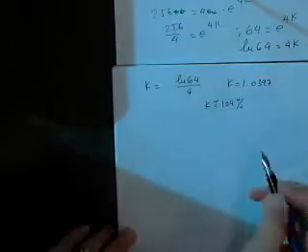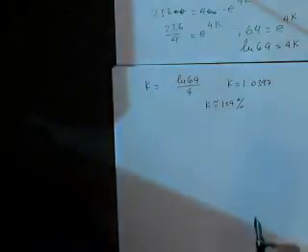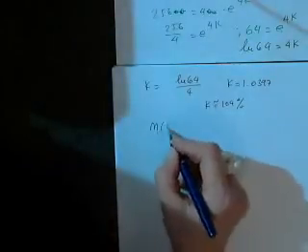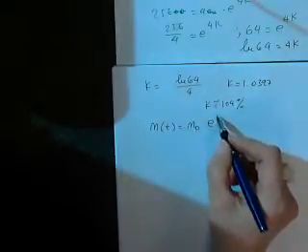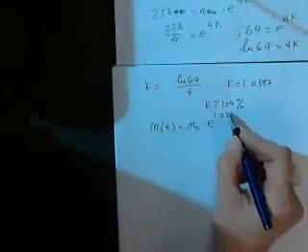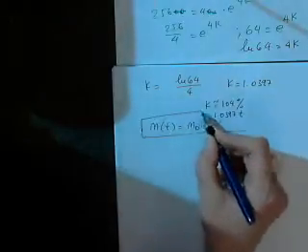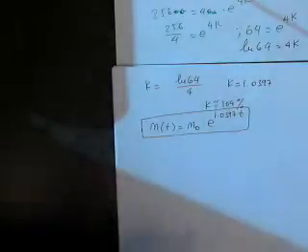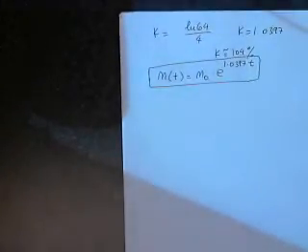Very good. Approximately 104%. Okay, so what do I know about the model? I know that n of t equals n0 times e to the 1.0397 t. This is what I have so far, after answering part A.